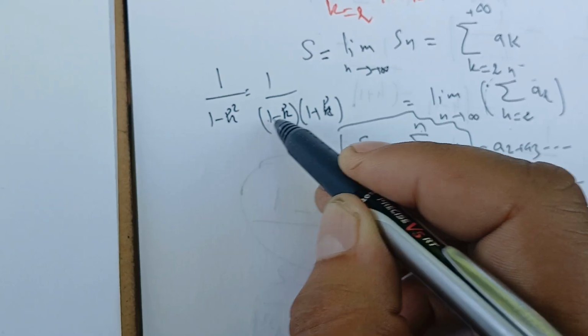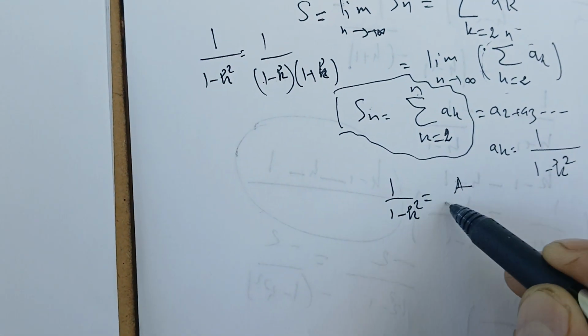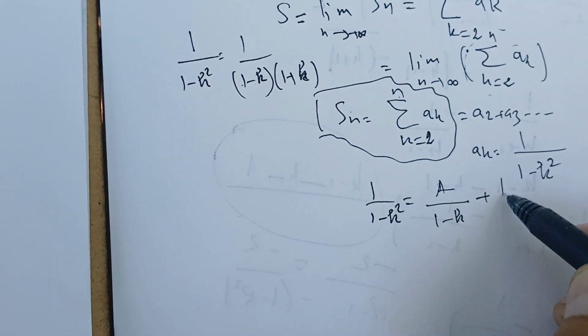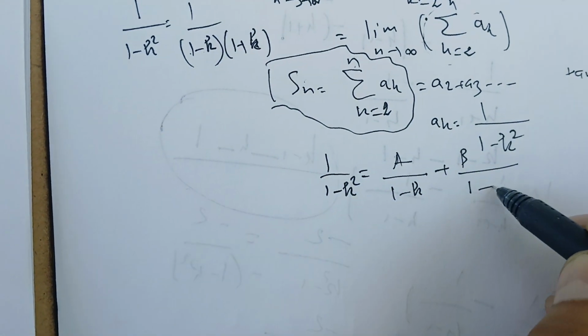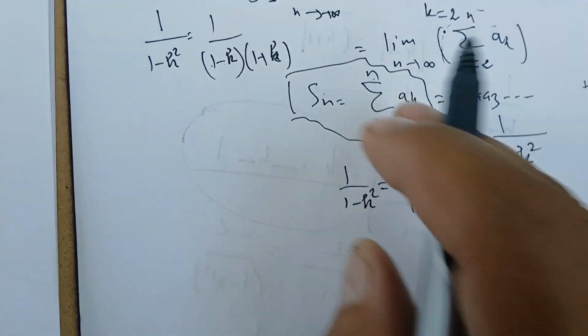So we can write this as a over 1 minus k plus b over 1 plus k. We can find this a and b and make it easier to compute.